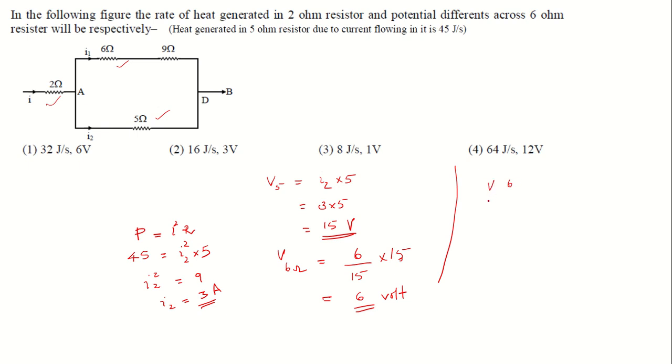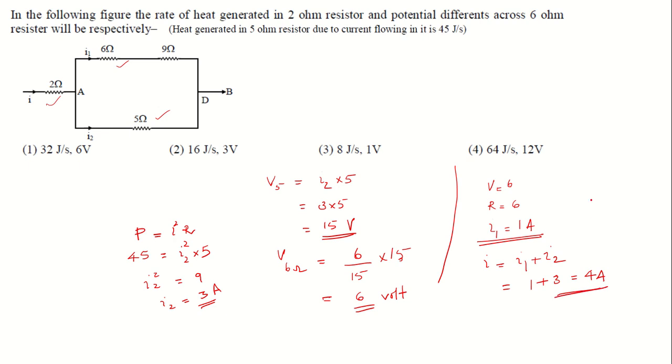The potential across that is 6 volt and the resistance is 6, so the current is 1 ampere. So the total current is I1 plus I2, that is 1 plus 3, which is equal to 4 ampere.